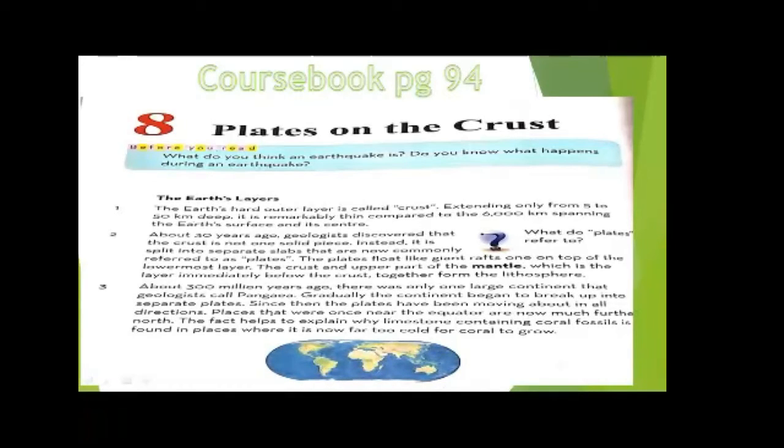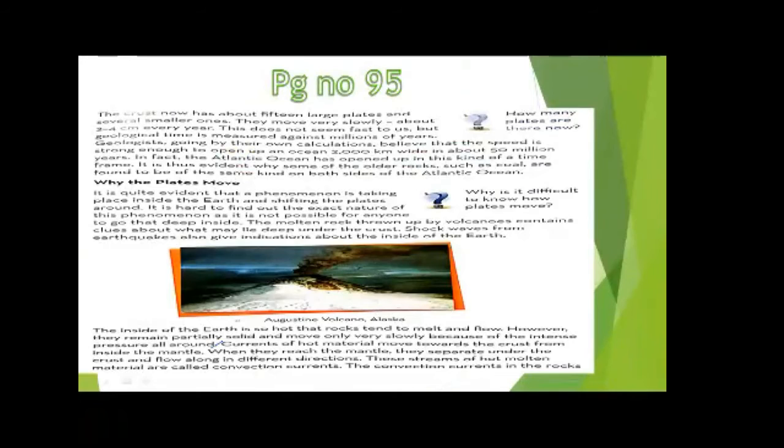So we'll move to para number 4. The crust now has about 15 large plates and several smaller ones. They move very slowly, about 2 to 4 centimeters every year. This does not seem fast to us, but geological time is measured against millions of years.